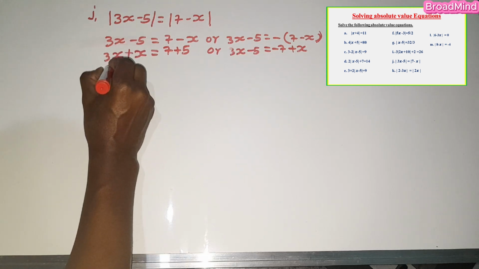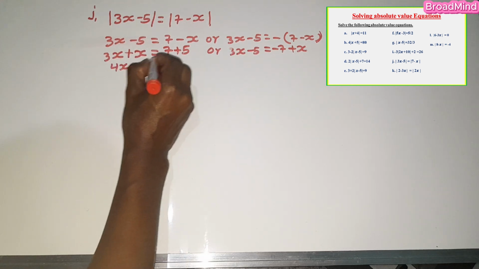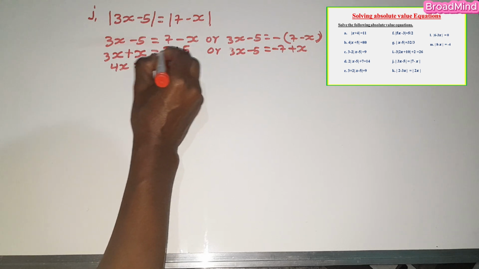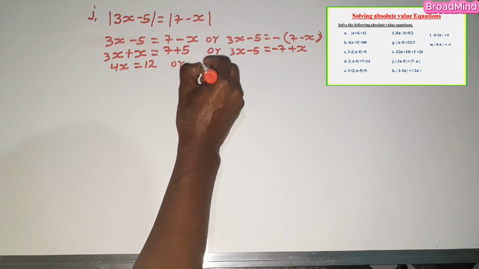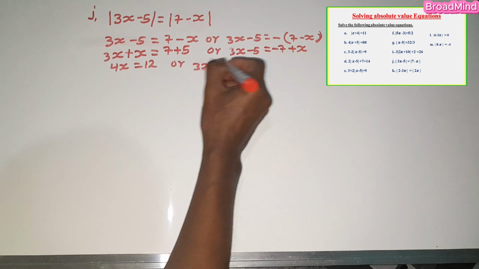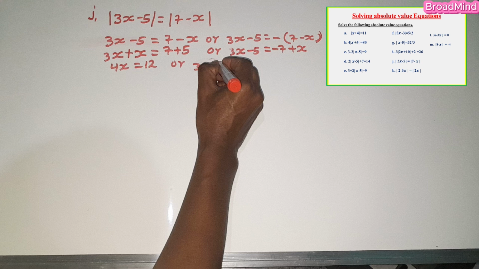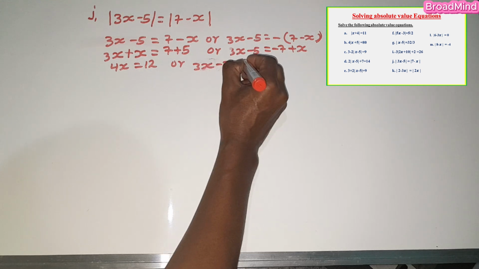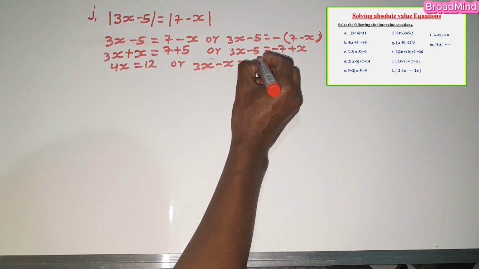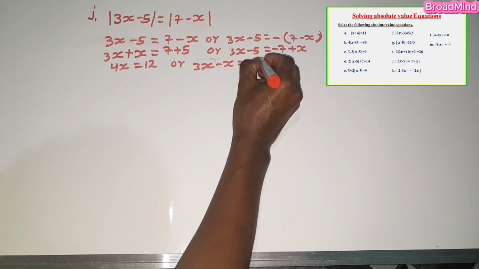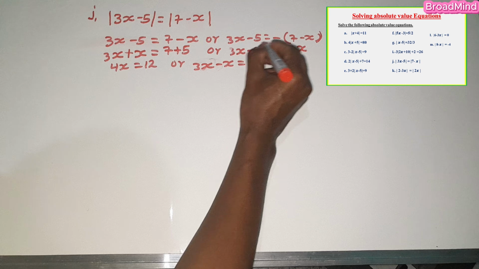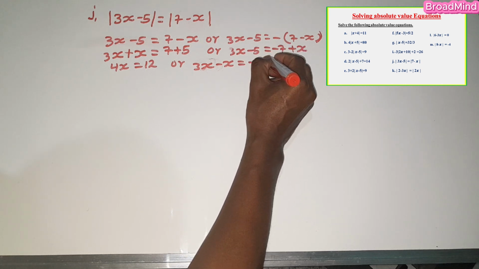Now here 4x is equal to 7 plus 5, 12, or 3x, when this negative comes here, negative x is equal to, now collecting constant numbers, negative 7, but this is positive when it transfers here, plus 5.